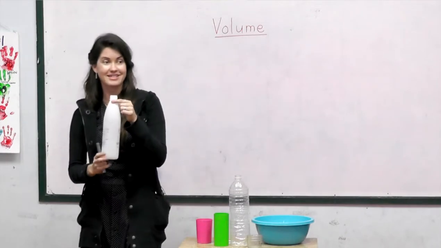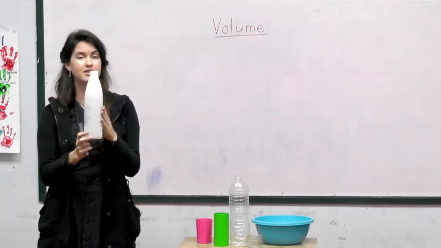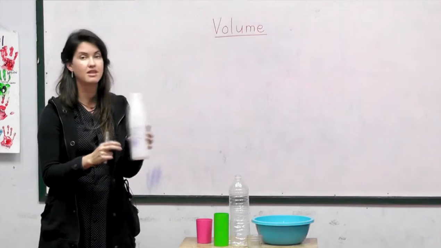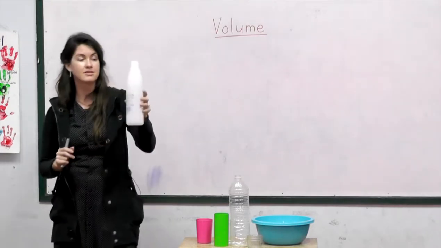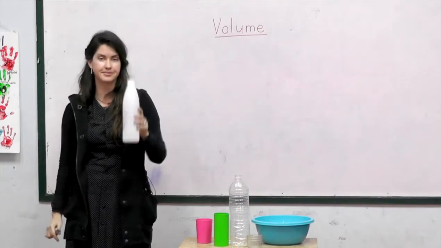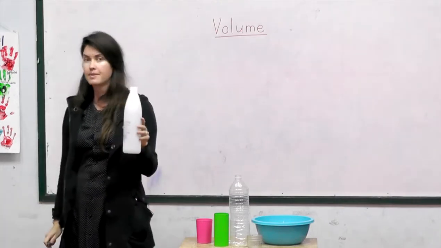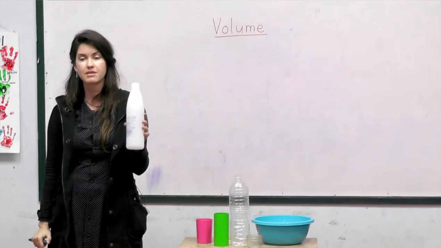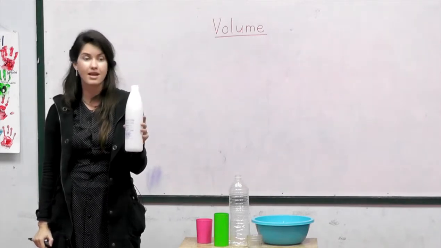Do you remember that lesson? We use these bottles to practice measuring the volume of different things. We used liters. So this bottle is 1 liter. And how many milliliters did you tell me it was? 1,000.